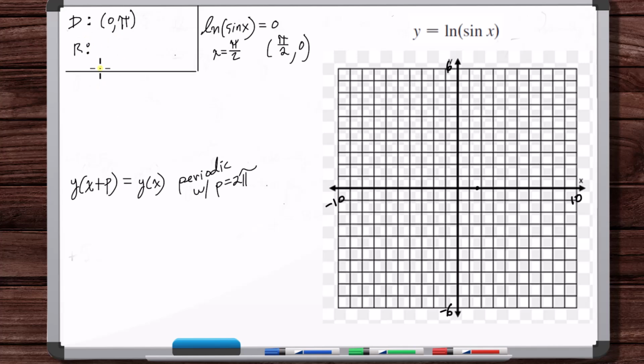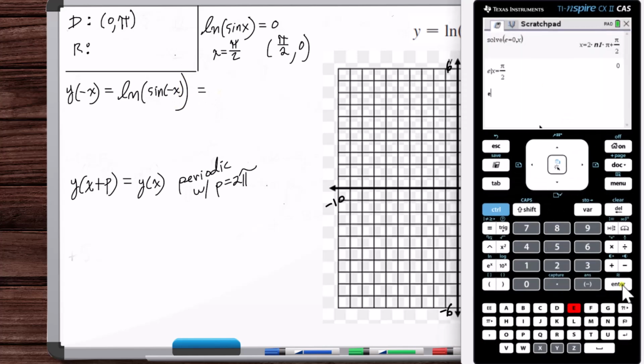Now let's test for symmetry outside of periodic symmetry. What about an even function? Substitute x for minus x. What does this result in? Natural log of minus sine of x.